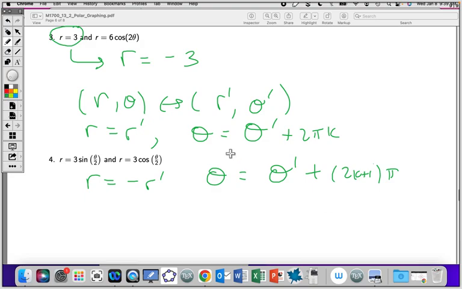All right. So r equals 3. If I replace r with its opposite, there's no theta to replace. I would just be at r equals negative 3.